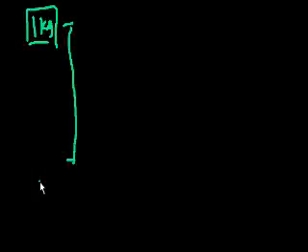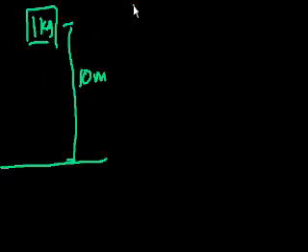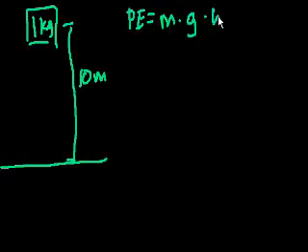So let's say I have an object that is, I don't know, a 1 kilogram object, and we're on Earth, and let's say that it is 10 meters above the ground. So we know that its potential energy is equal to mass times gravitational acceleration times height.